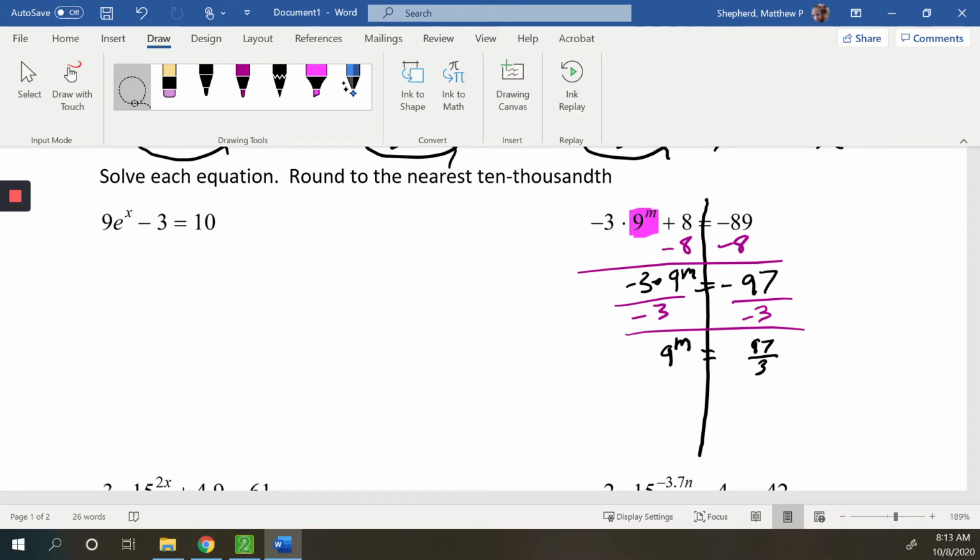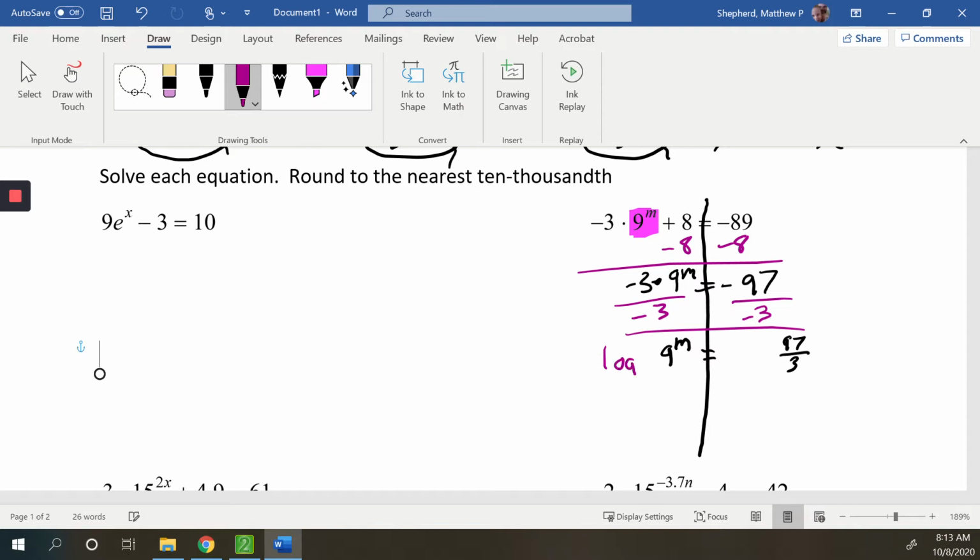Now what we're going to want to do is eliminate the base of that exponent. Because certainly I am not going to be able to figure out 9 to the power of what is going to equal a 97 thirds just in my head. But that's exactly what a log can ask.